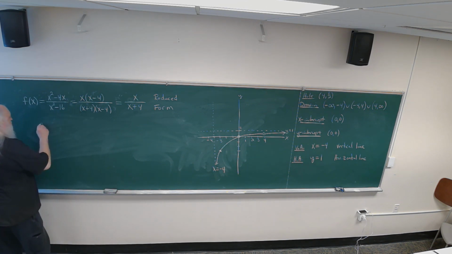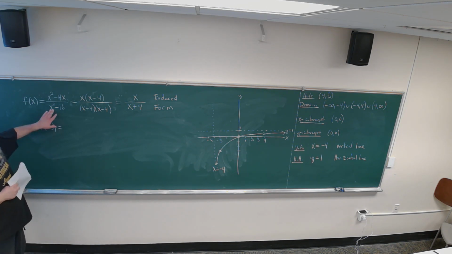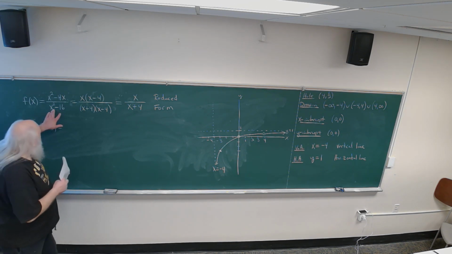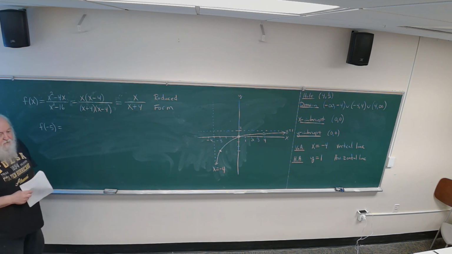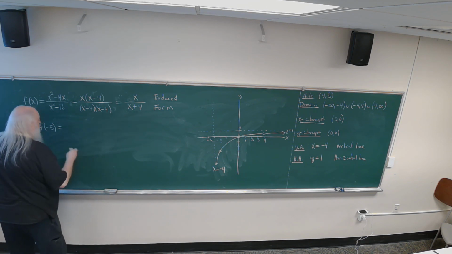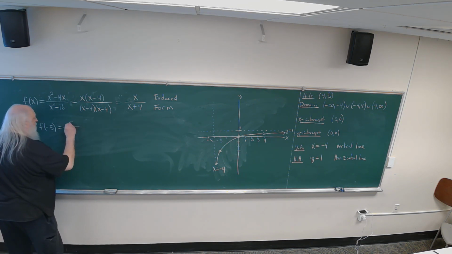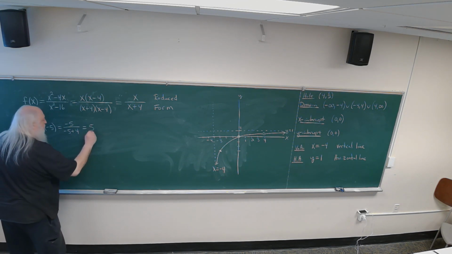And again, when you evaluate the function at x equals -5, it doesn't matter whether you use the original form of the rational function or the reduced form. Both will give you the same answer. And so when I use the reduced form, -5 over -5 plus 4, which simplifies to +5.